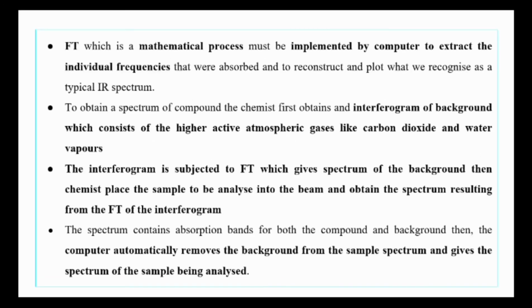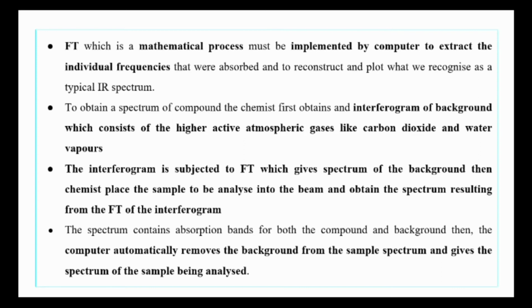We need FT, which means Fourier transform. FT is a mathematical process that must be implemented by the computer to extract the individual frequencies that were absorbed and to reconstruct and plot what we recognize as a typical IR spectrum. So the interferogram gives us information about the absorbed radiation, but we cannot read it. FT helps us to convert it into a readable or understandable form.